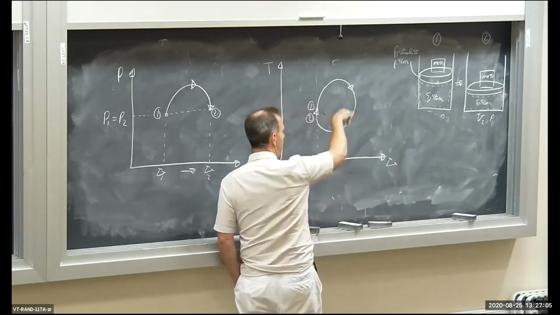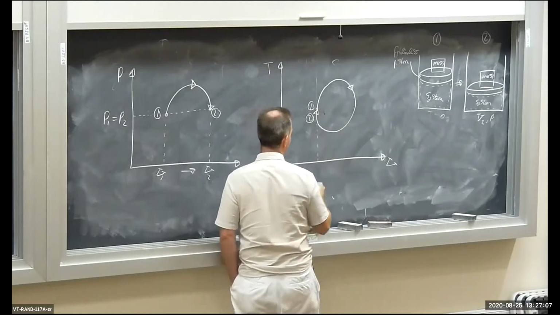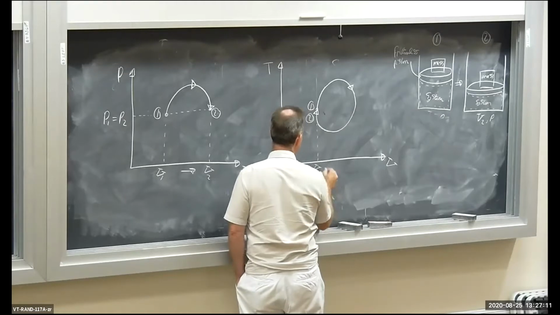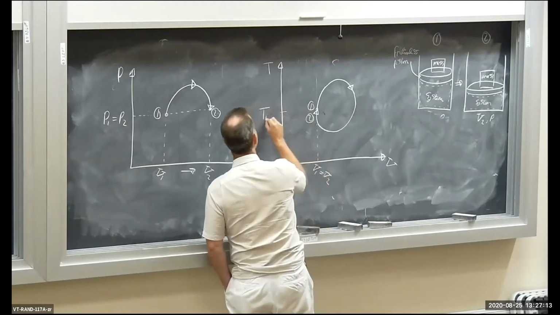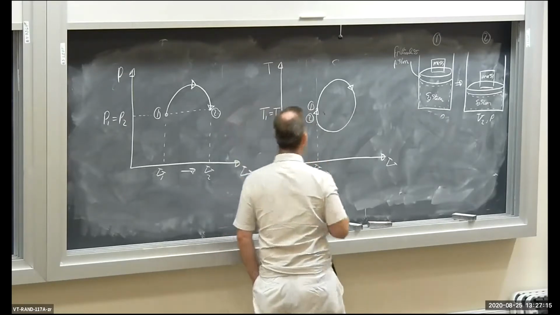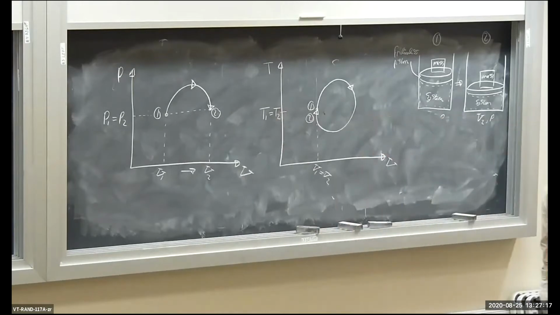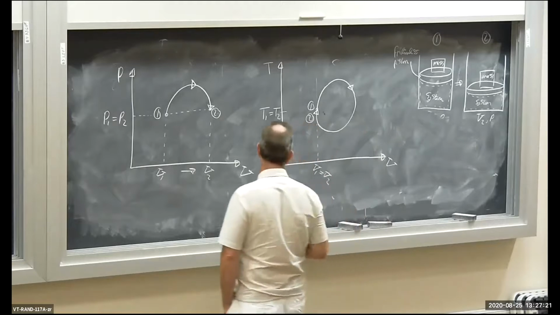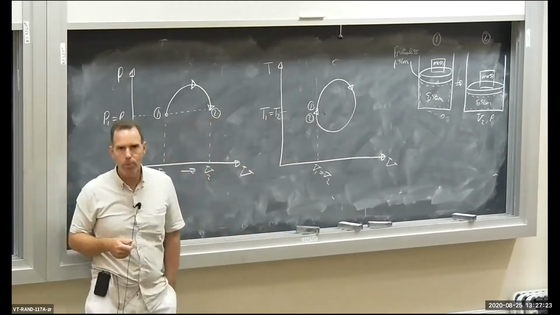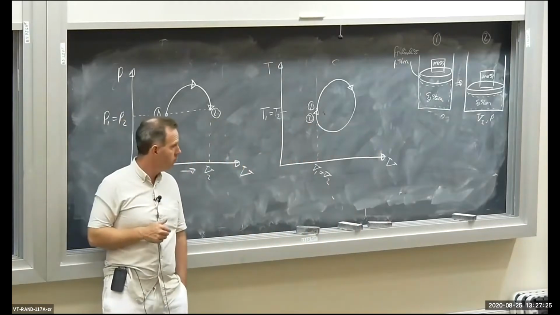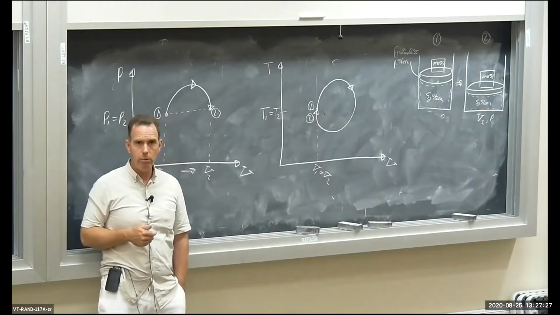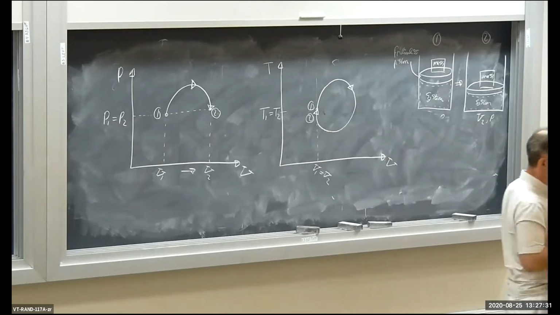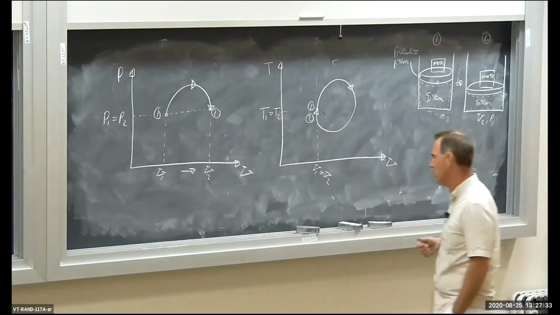We go along a path and we end up back where we started. So V1 is equal to V2 and T1 is equal to T2. So the initial and the final state are the same. We just go around in a circle on the TV plot. Is this an isothermal process? T1 is equal to T2? The answer is no, it's not a constant temperature process, so it's not isothermal.